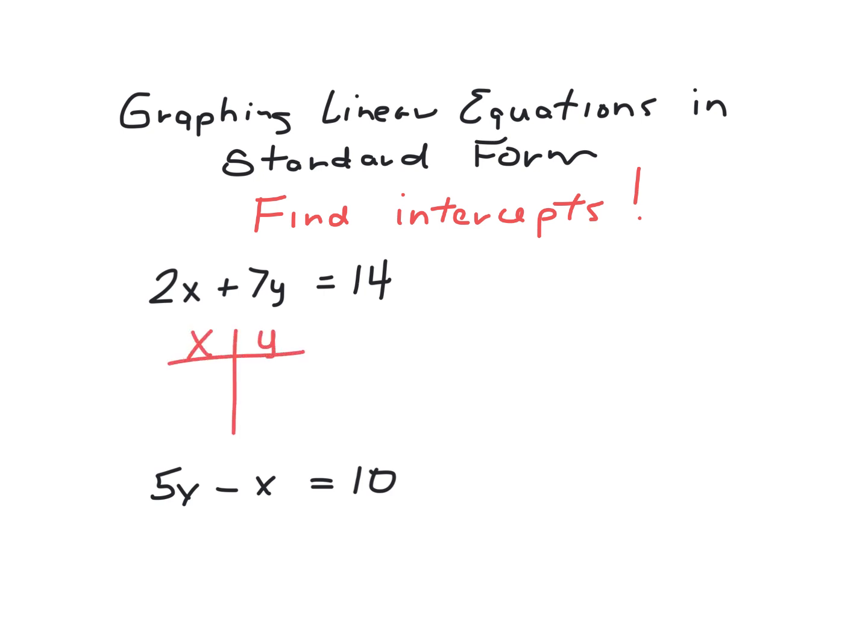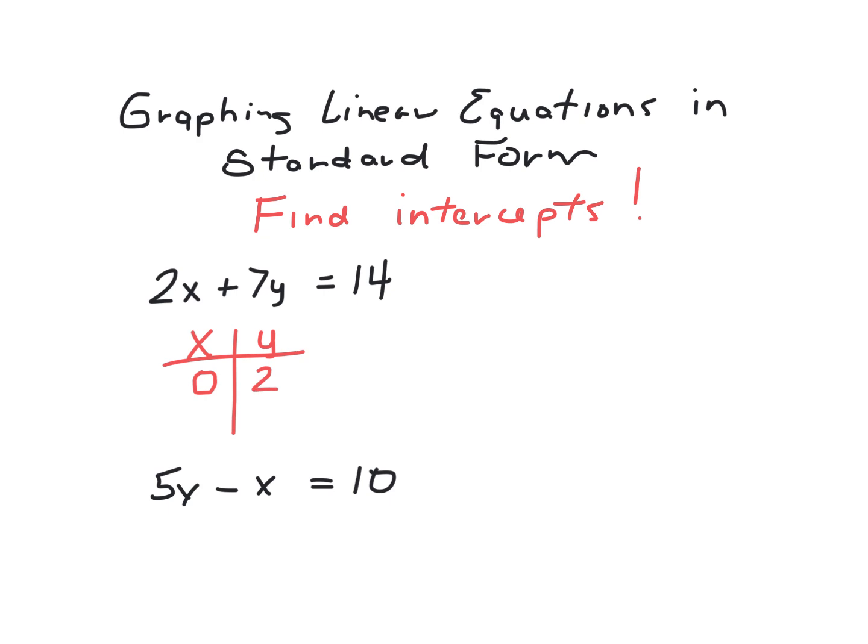To find the y-intercept, you're going to put 0 in for x. Putting 0 in for x will basically just get rid of the x term. So we could cover up this 2x, which obviously you can't see me doing. We'd end up with 7y is 14, and so y would be 2.